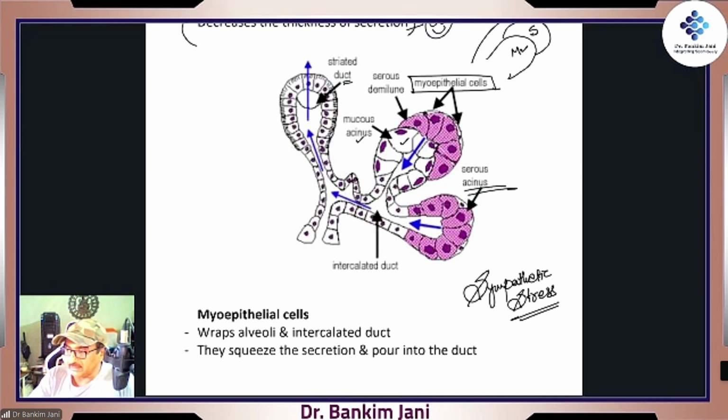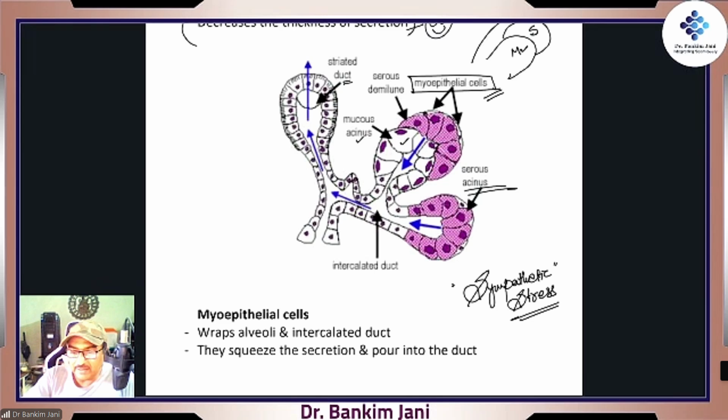So whether a person is nervous, or is facing some fear, or is very happy, it is the sympathetic system which is involved. The signal goes over here to the myoepithelial cells. Myo means muscles; these are the muscular cells present over there. They are not under our control. They are under the control of the sympathetic system.